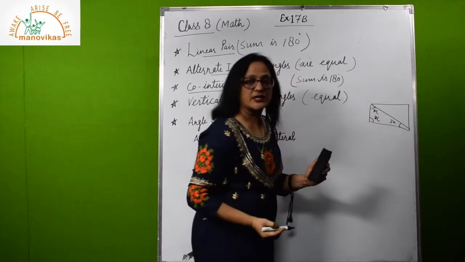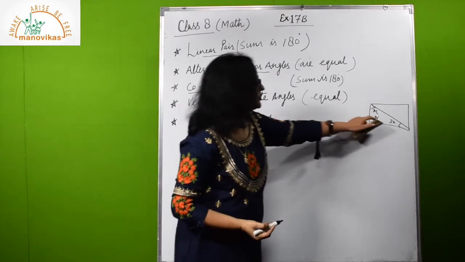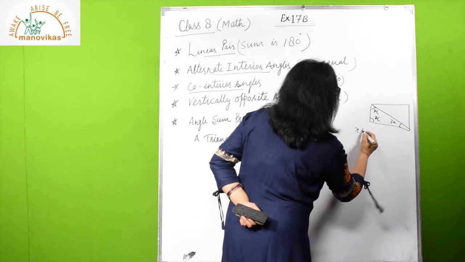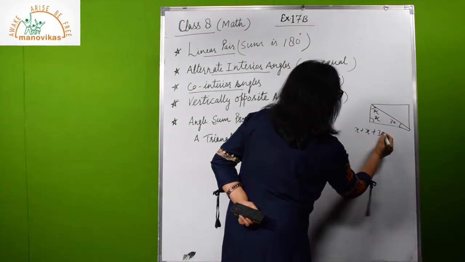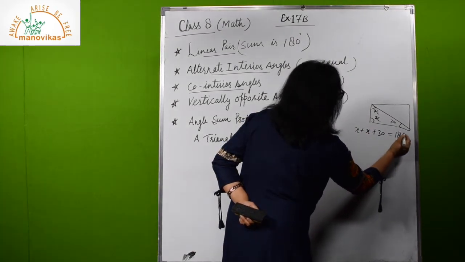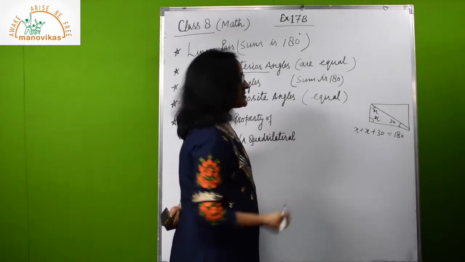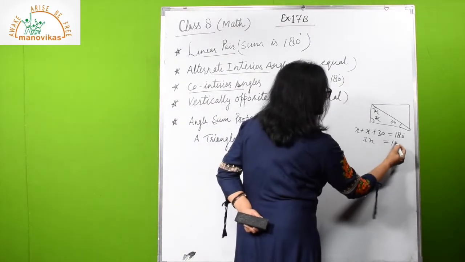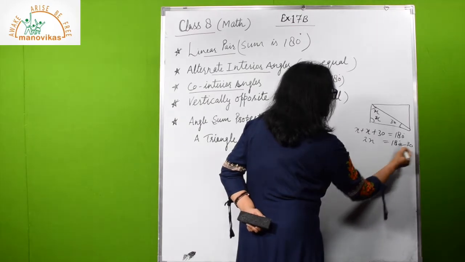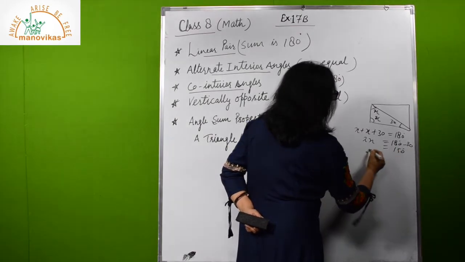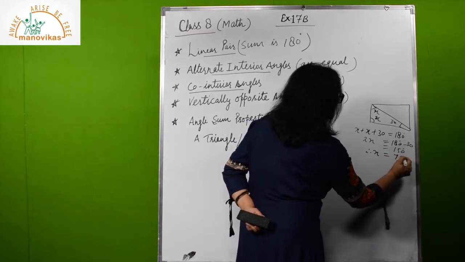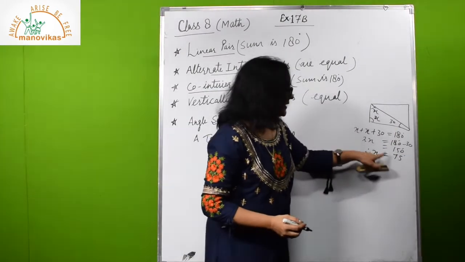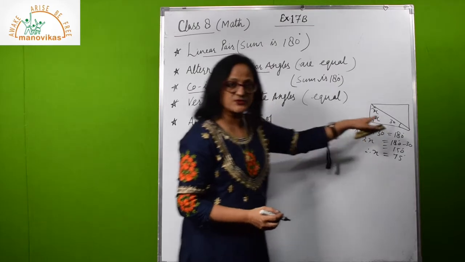The sum of all three angles in a triangle is 180 degree. So how can you use it? x plus x plus 30 is equal to 180 degree, if there is a triangle. So 2x is equal to 180 minus 30, which is 150. Therefore, x is equal to 75 degree. So with the help of the angle sum property, you can find the required angles easily. This is for the triangle.